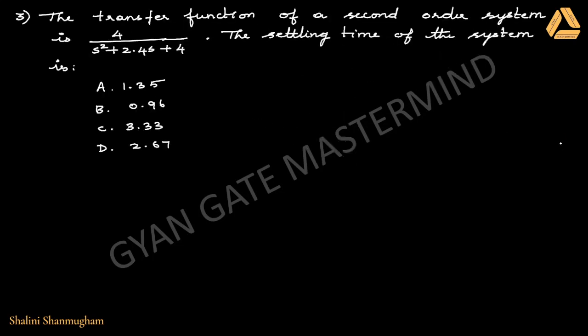Coming to the third problem, the transfer function of a second order system is 4 by s square plus 2.4s plus 4. They have asked to find the settling time.